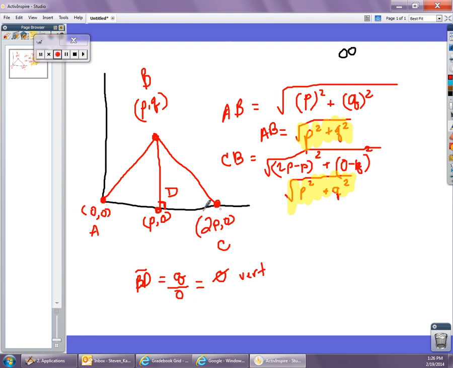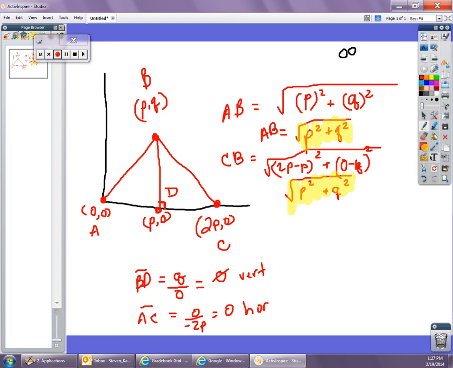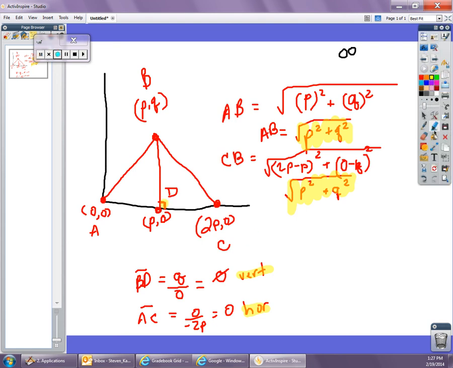The slope of this line, which would be AC, is y minus y, so 0 minus 0, which is 0, over 0 minus 2P, which is negative 2P. Well, 0 divided by anything is 0, and if the slope is 0, you know it's a horizontal line. This proves that if you have a horizontal and a vertical line, they are always going to be at a perpendicular angle. So that proves that you do have a perpendicular.